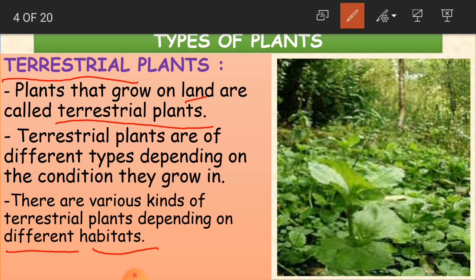Like where plants and animals or human beings are able to live. Same like climate or environment. So as we said, terrestrial plants are of different types depending on the conditions, different habitats, and different environmental changes. Okay, children? Clear?